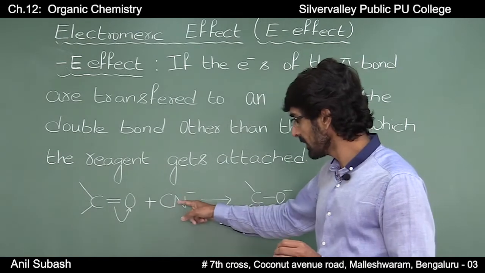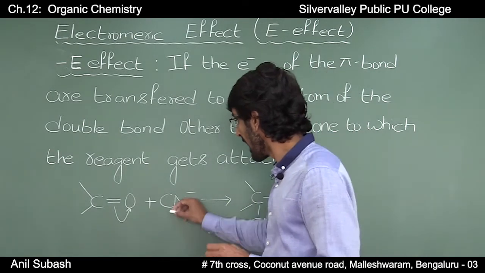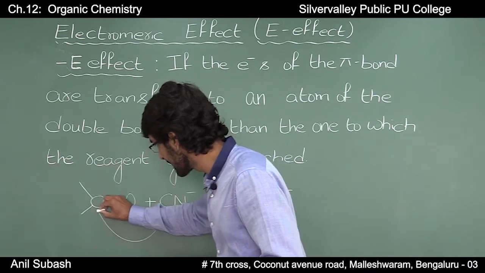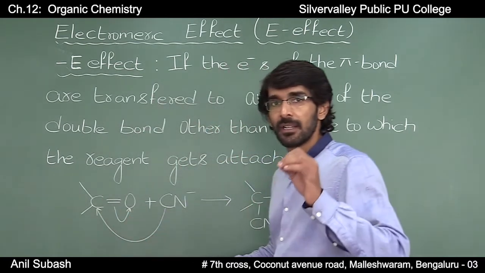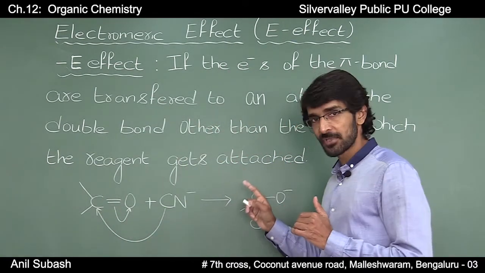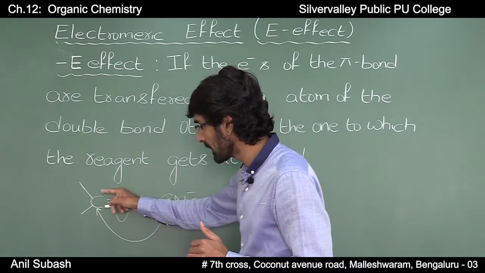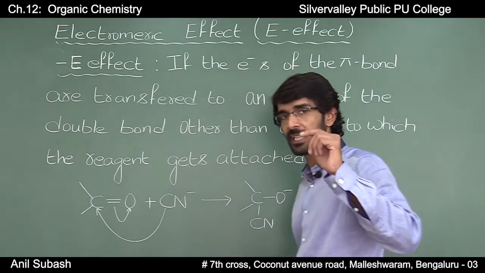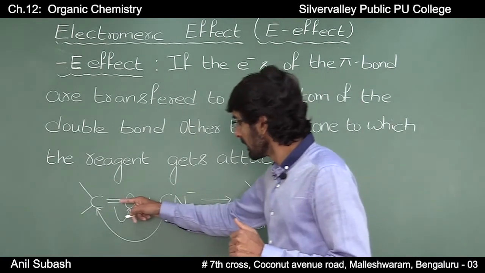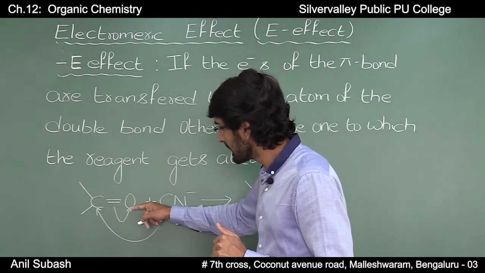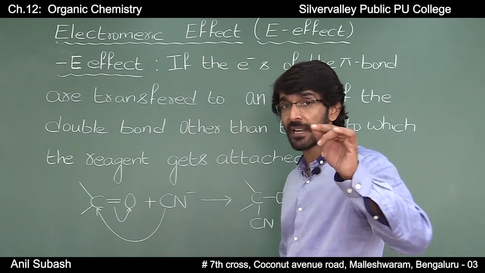Now the cyano group will attack this carbon, and if you observe here, the cyano group is attacking the atom involved in the double bond to which the electron is not getting transferred.